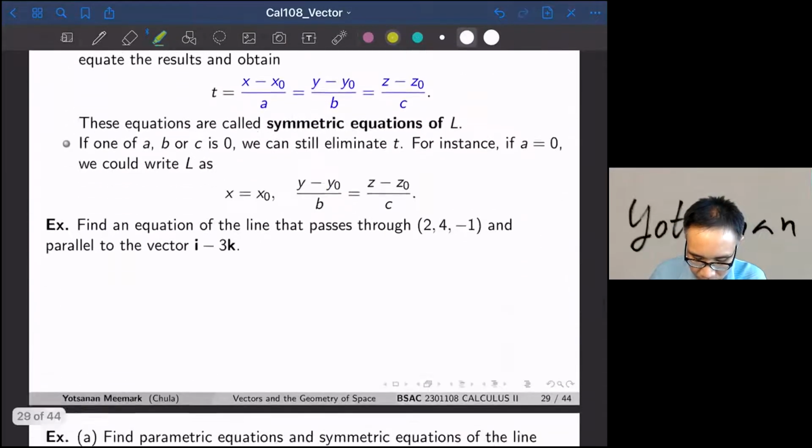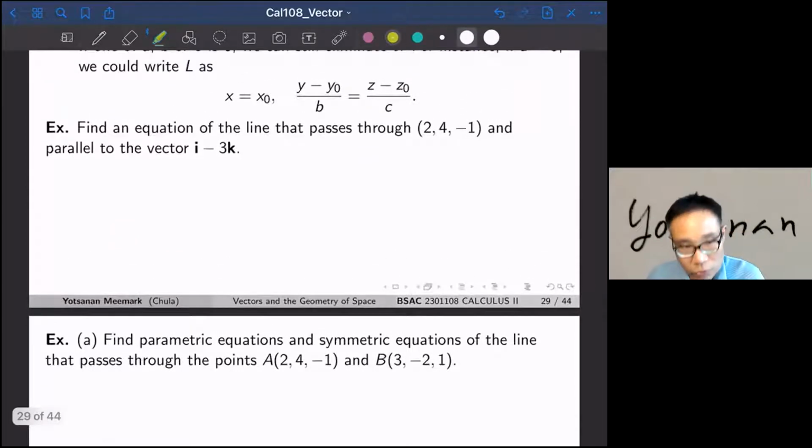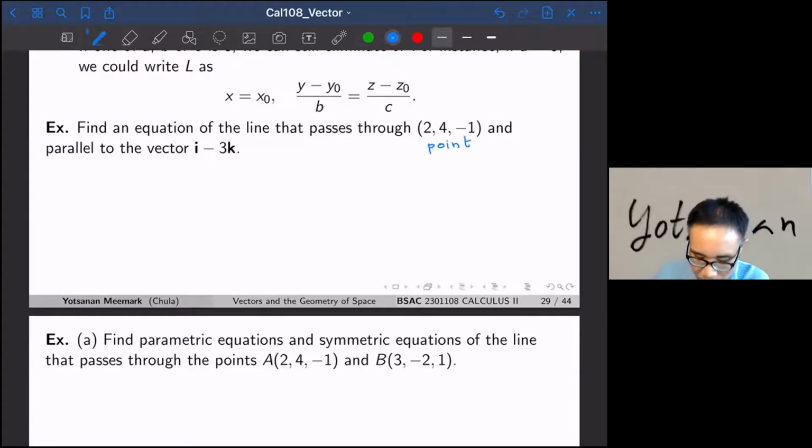Let me give you one example first. We'd like to find an equation of the line that passes through 2, 4, -1. This will be the point. And it's parallel to the vector i minus 3k, so vector v in this case is 1, 0, -3.